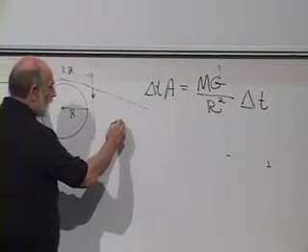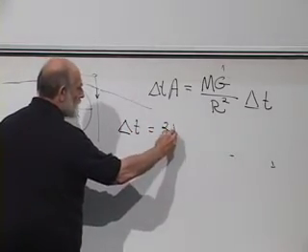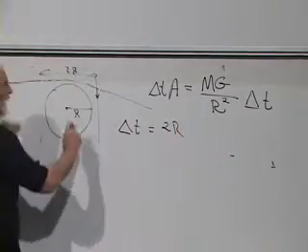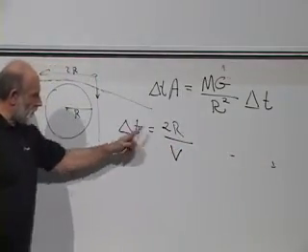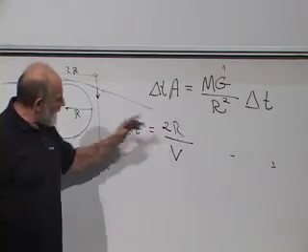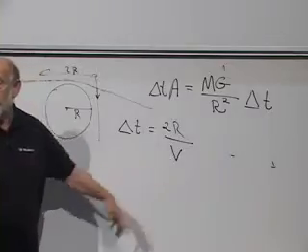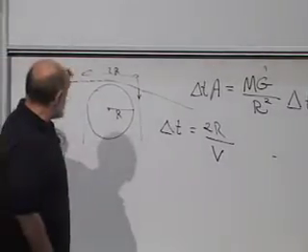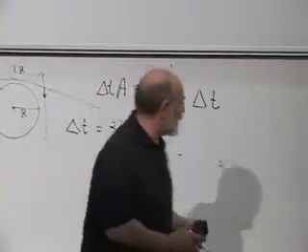So how long does it take? It takes a time delta t, which is approximately twice the radius, this distance here, divided by the velocity. Velocity times time equals distance, so time is distance divided by the velocity, and the velocity is that of light going across here. So that's 2r divided by c.